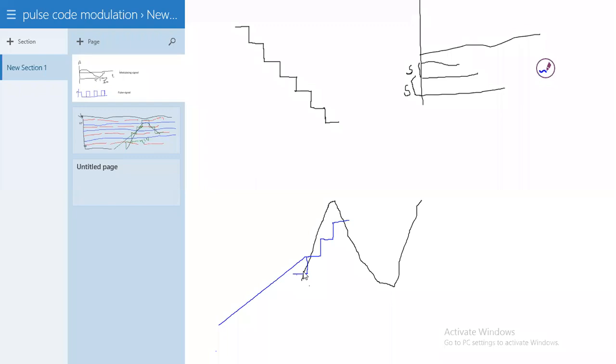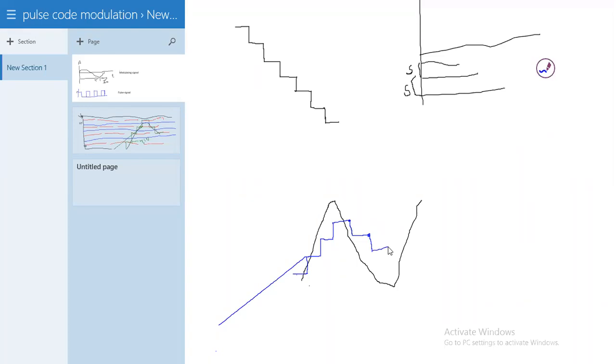We can compare at this position: mq(t) is greater than this m(t), then it goes down.